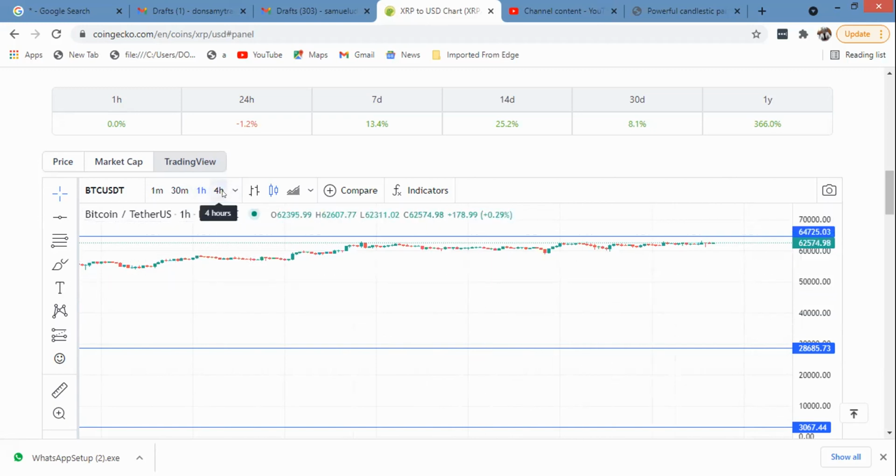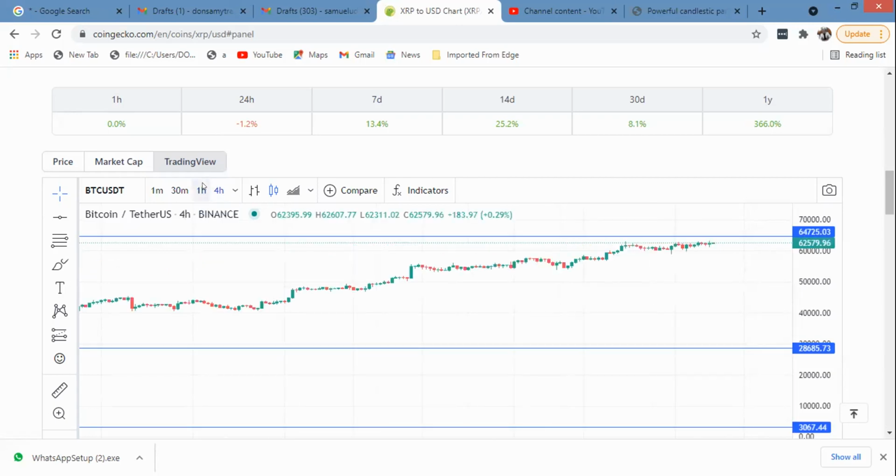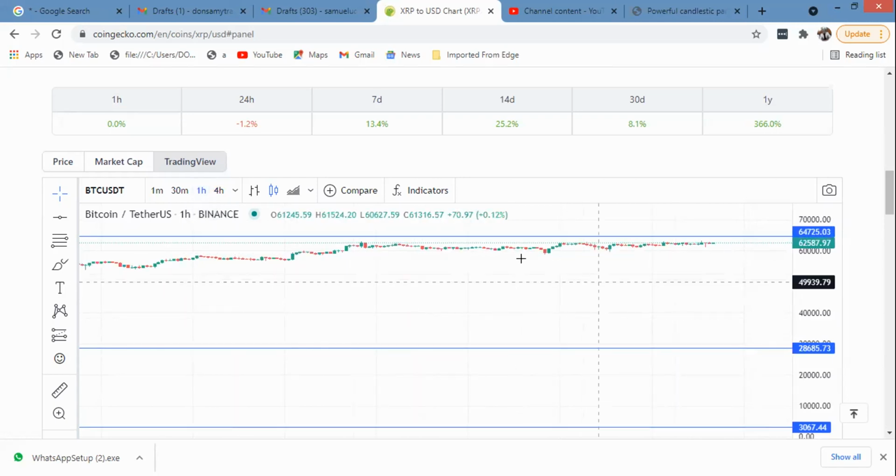For me, once I look at the daily candle, I go to my 4 hours to confirm what I saw in the daily. I can now, if I want, go to 1 hour to reconfirm, to validate my position and take my entry. But I like stopping at 4 hours because it helps me to manage my trading emotions.